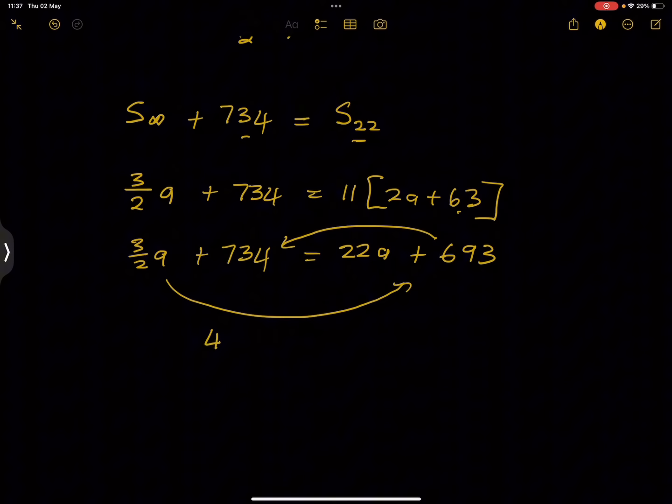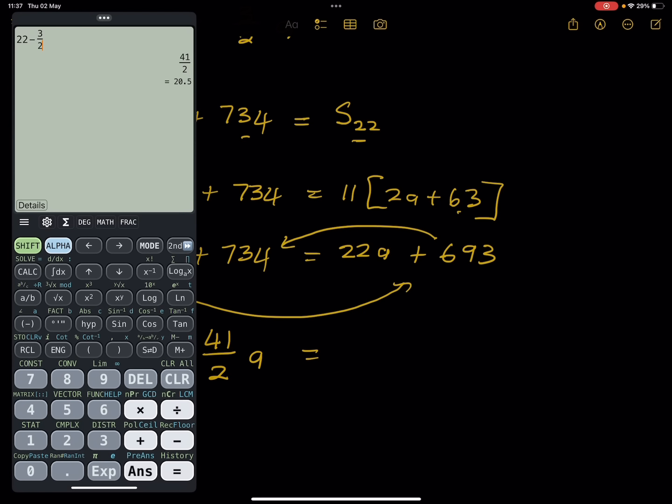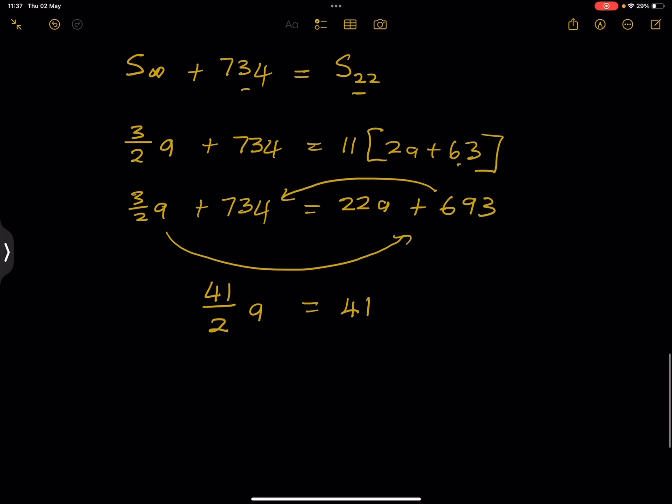So 41 over 2a is equal to, and I'm not going to waste a lot of time on the algebra part, 734 minus 693, and I get 41. Ladies and gents, what am I going to do? I'm looking for the value of a, so I multiply by the inverse, 2 over 41.